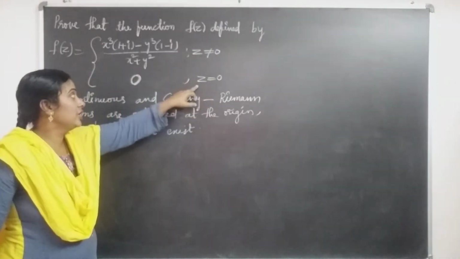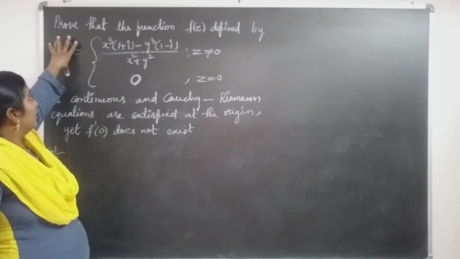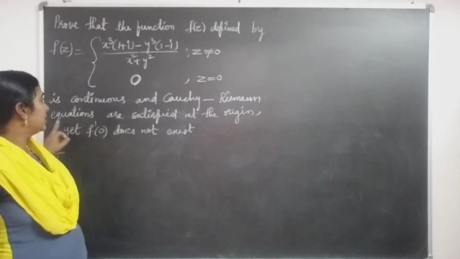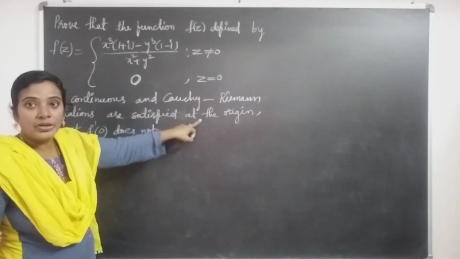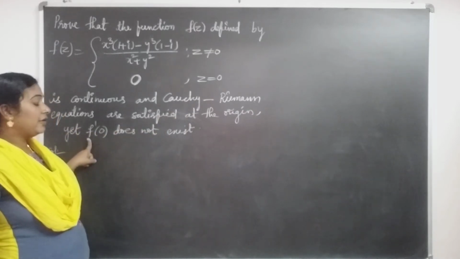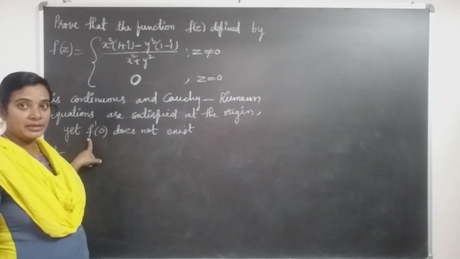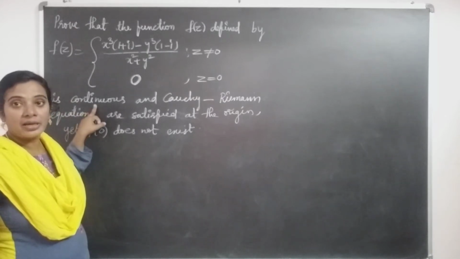If at the origin the function is 0, then we can prove that this f of z is continuous and satisfies the Cauchy-Riemann equations at the origin, and the derivative of the function at the origin does not exist. Okay, here first we check whether it is continuous or not.